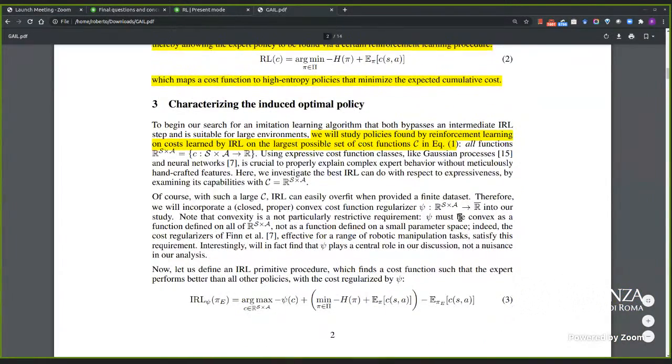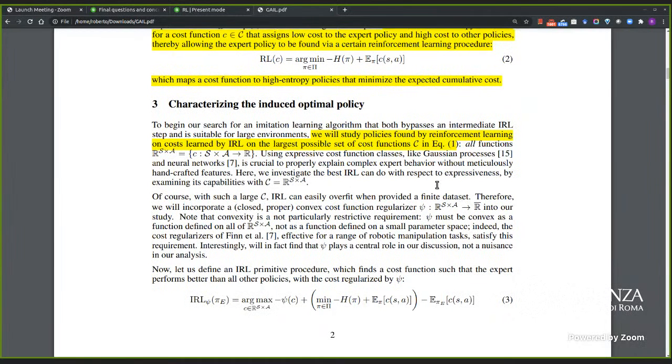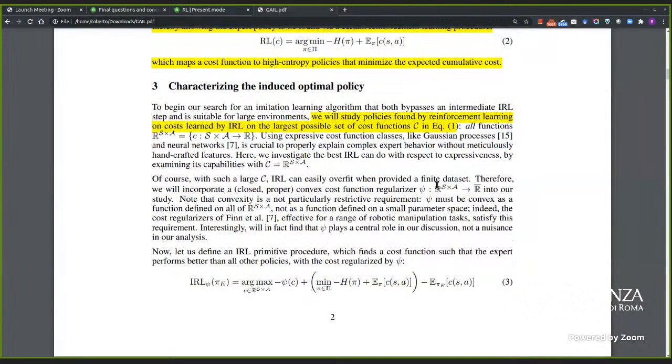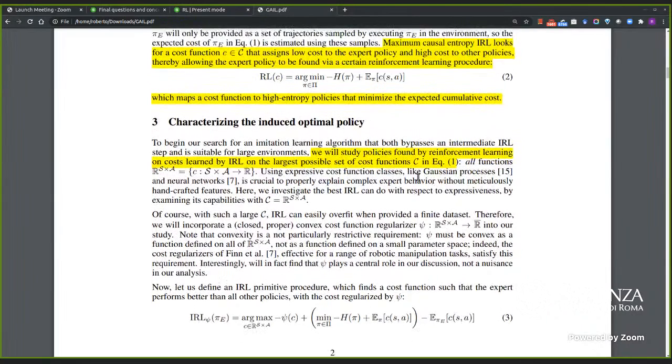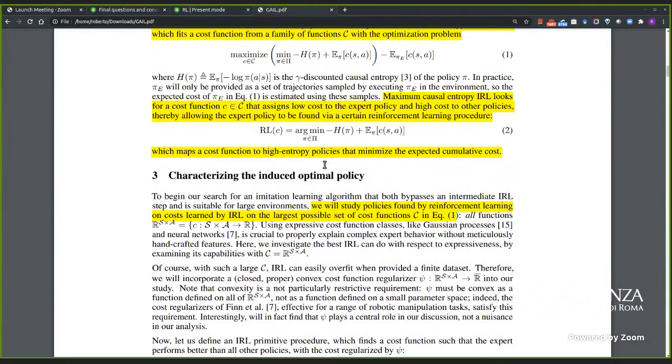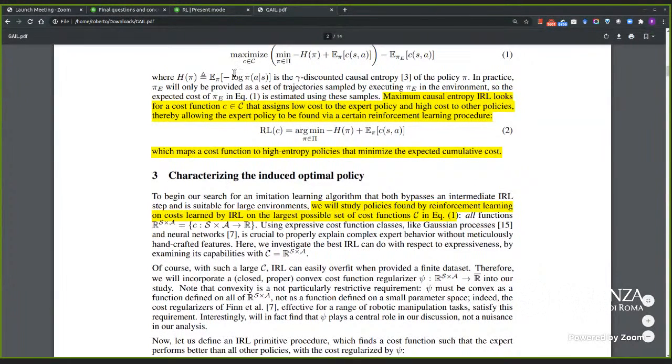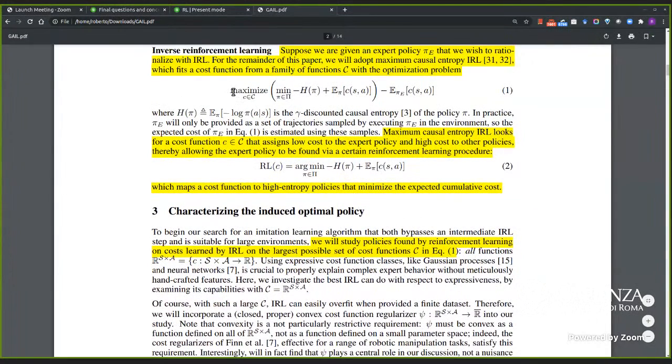So how did they arrive at this idea of using GANs for the purpose of doing imitation learning? As I mentioned, an intuition can already be obtained from this formula over here.